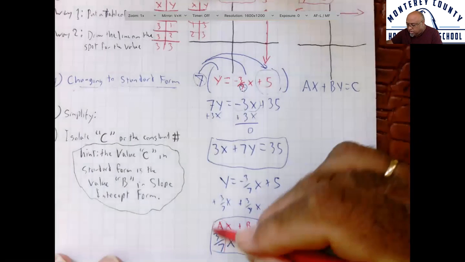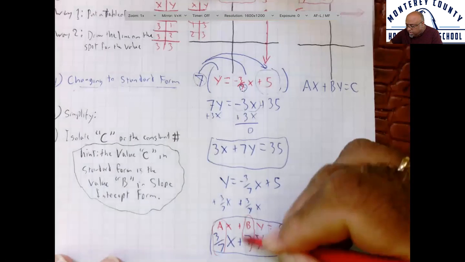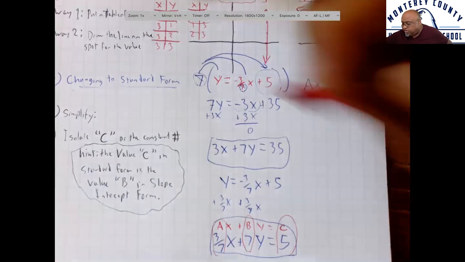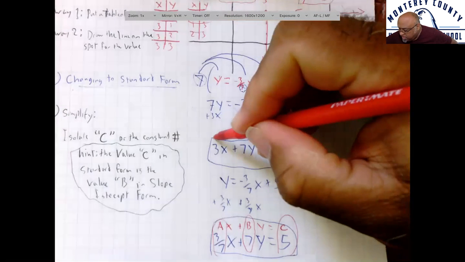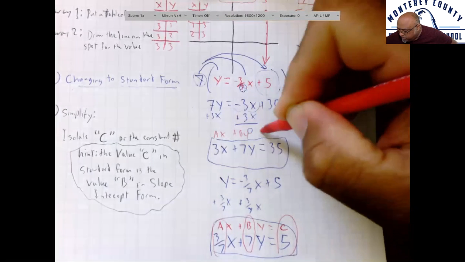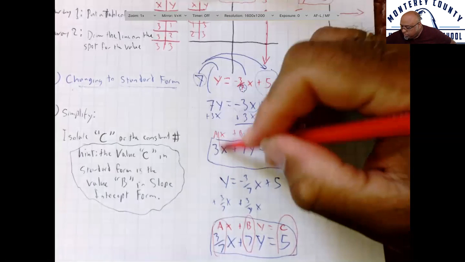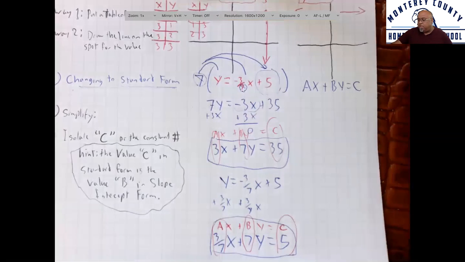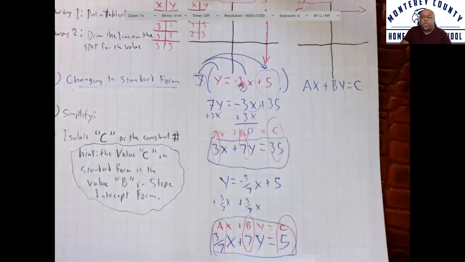So as you can see, I have values for a, b, and c in each of the correct spots, just like I have here. Now, this is just a little observation that I made, that you don't have to simplify the equation and remove a fraction in order to get it in standard form. Okay, hope that helps.